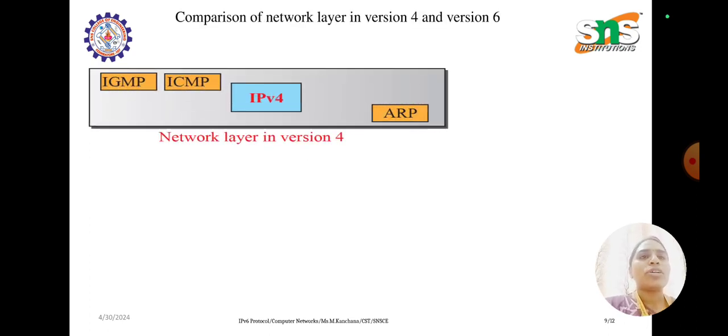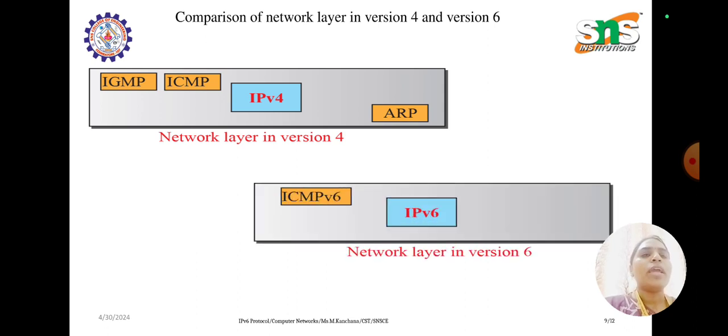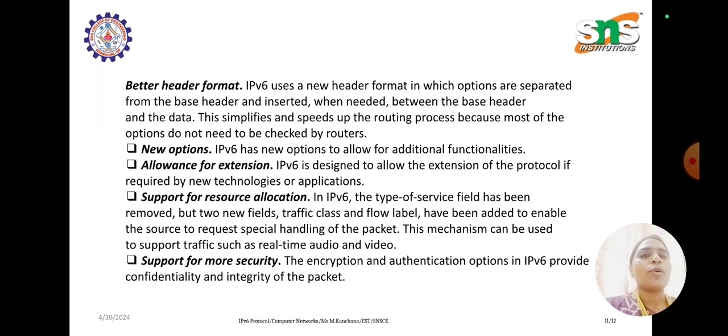The comparison of the network layer in version 4 and version 6 looks like this. The network layer in version 4 has the IGMP protocol, the ICMP protocol, and ARP, and IPv6 has only the ICMPv6 protocol. IPv6 has a better header format: it uses a new header format in which options are separated from the base header and inserted between the base header and the data when needed.